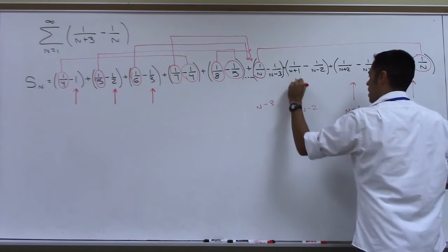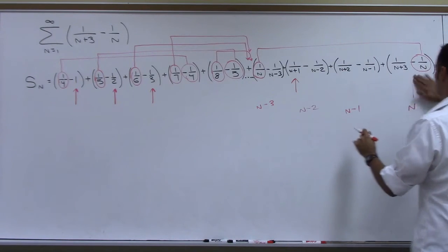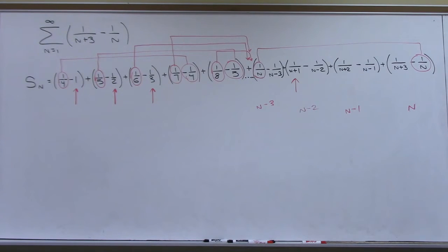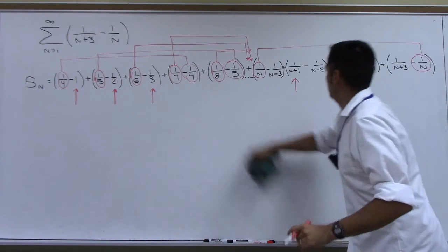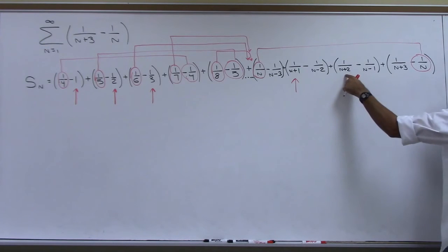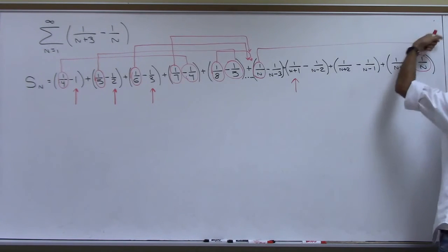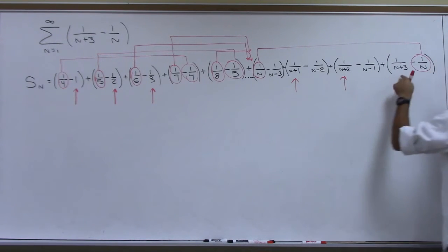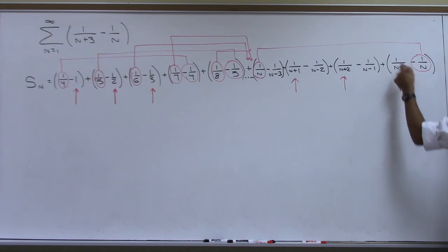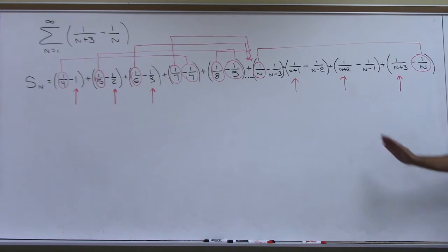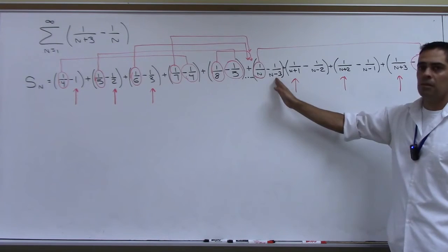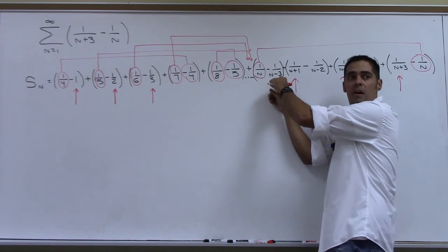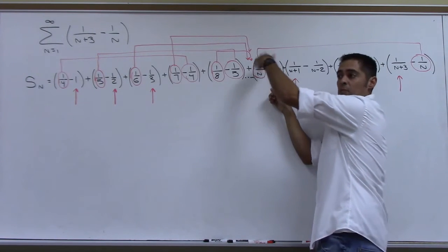So that stays. Let's get these arrows out of here. Those are confusing now. How about this first guy? Nothing down there, stays. This first guy? Nothing down there, stays. What about the second guy here? The second guy has to be killed off by something 3 in front.